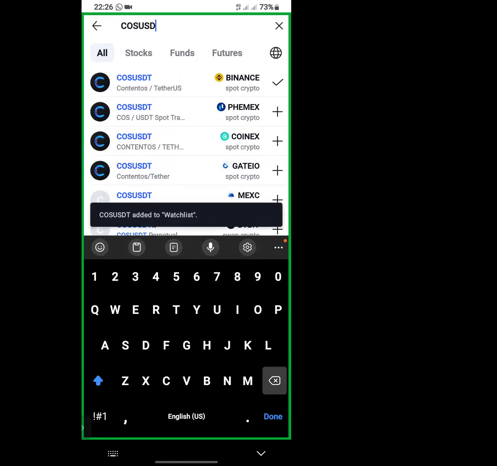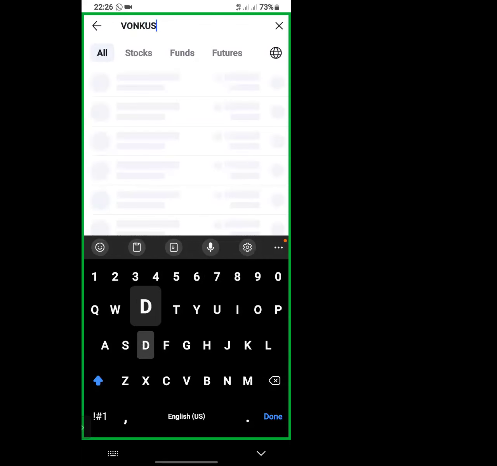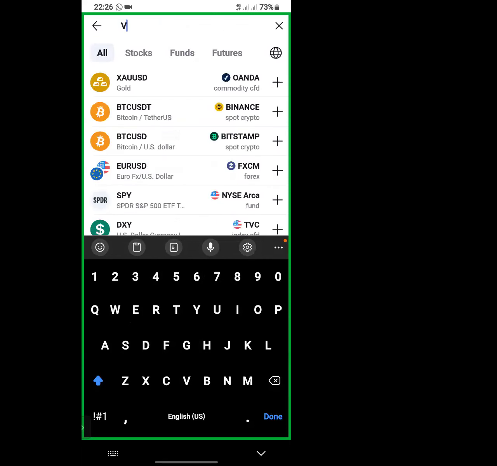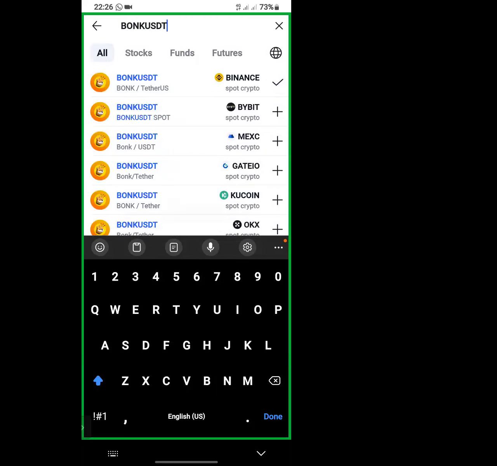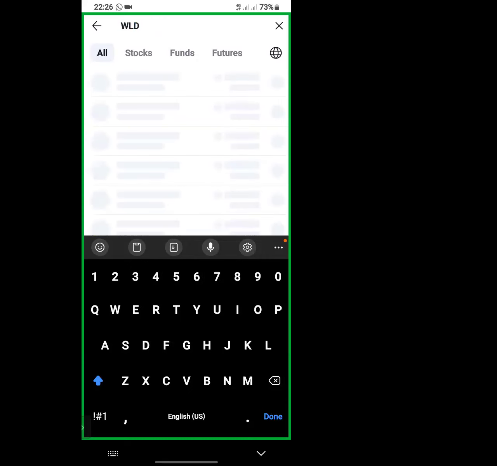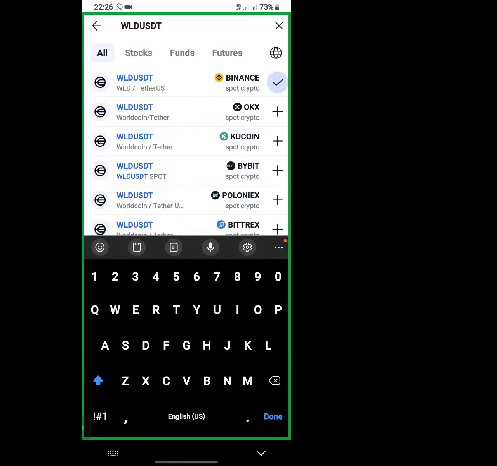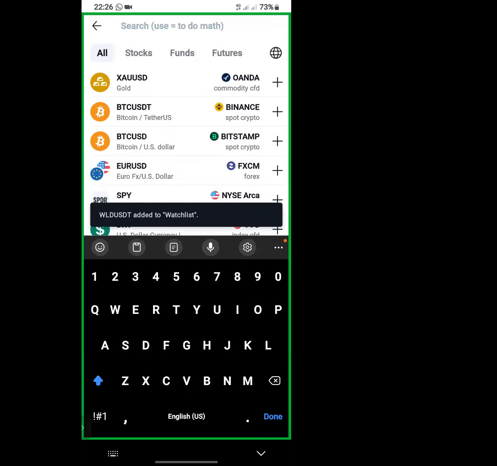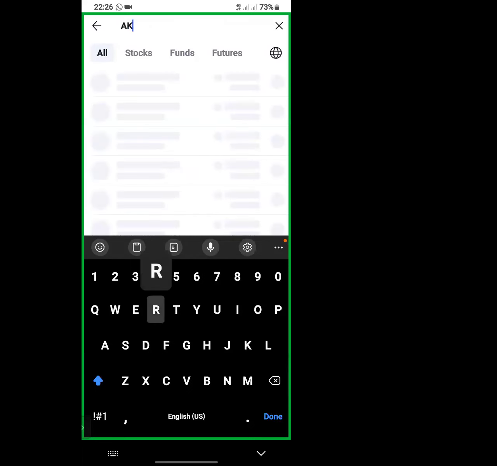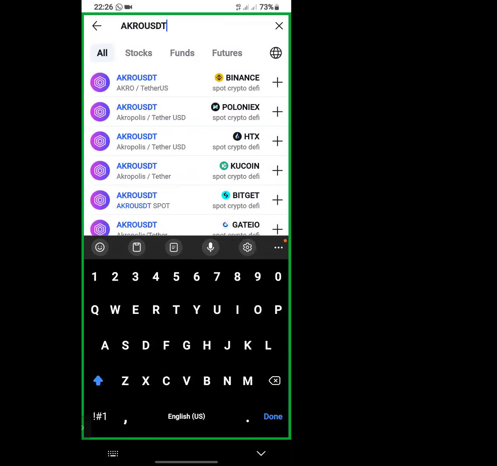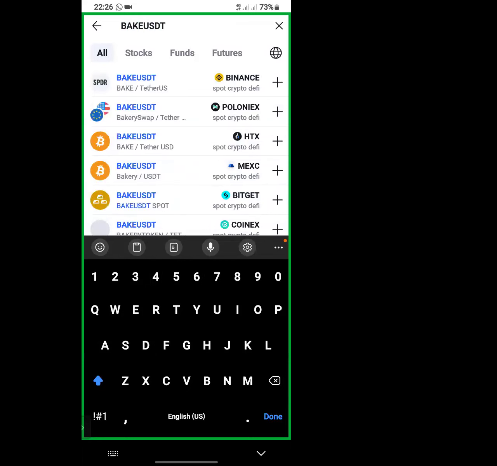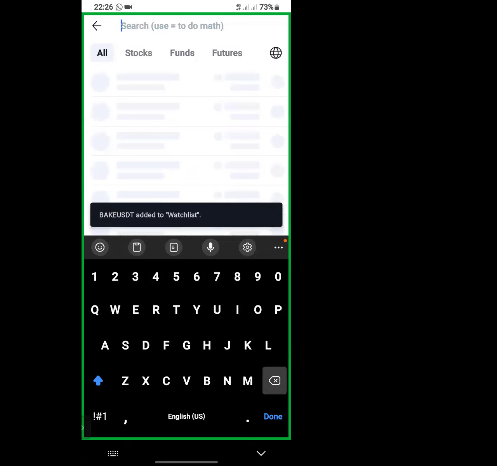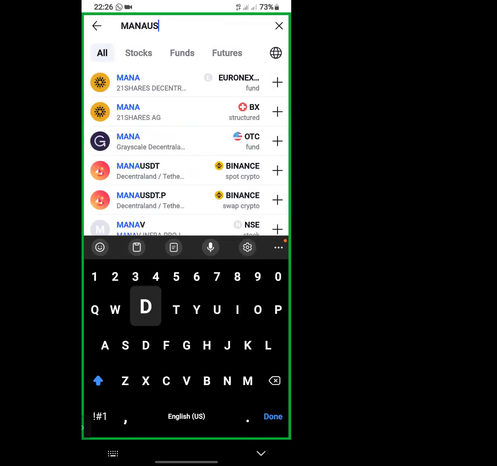Cross USDT, Bonk USDT. Most people are holding Bonk. One of my favorites, Acro USDT. And this one as well, BIG USDT, one of my favorites. We have Mana USDT.